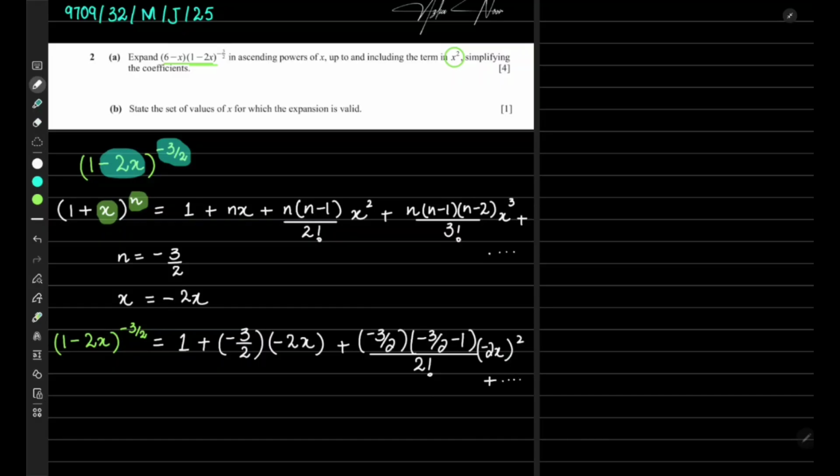And I guess we should not be including any other term, because they are asking only for up to x square. So let's expand this.